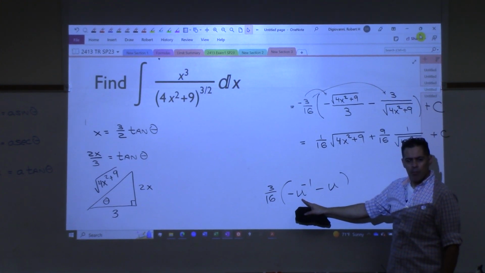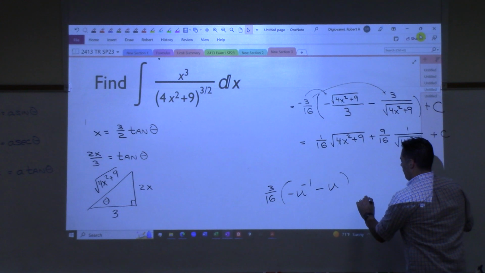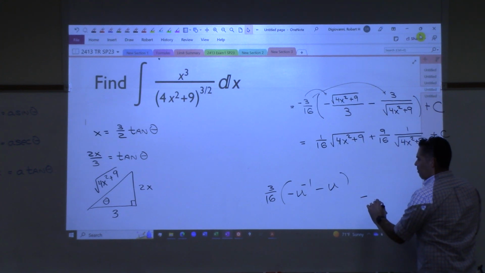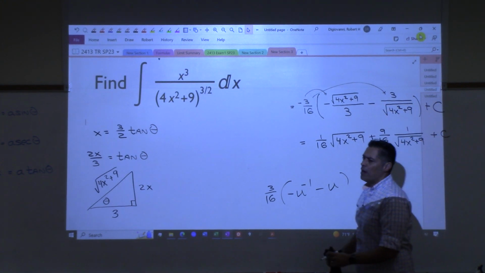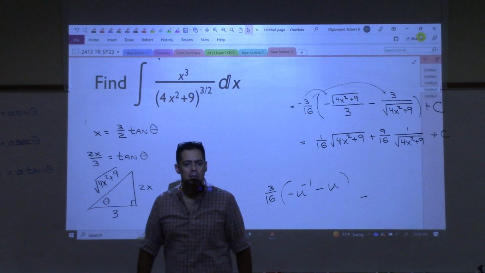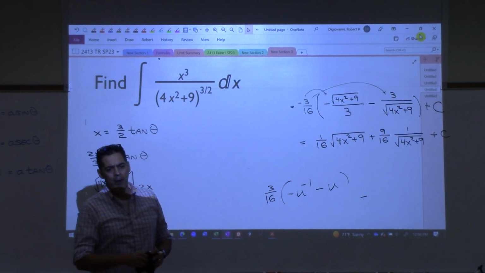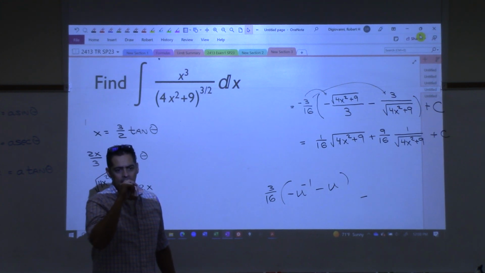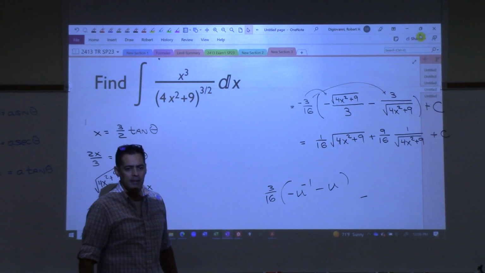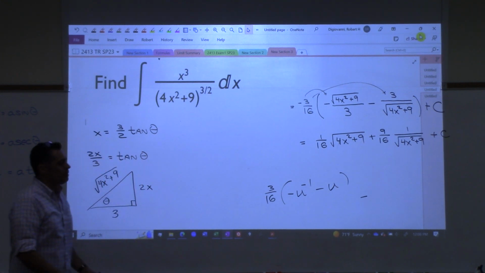Because once you substitute for u, I got 1 minus u squared over u. You should have 1 minus u squared over u squared, because the bottom was cosine squared. Oh, yeah. Okay, you see it? Yeah.